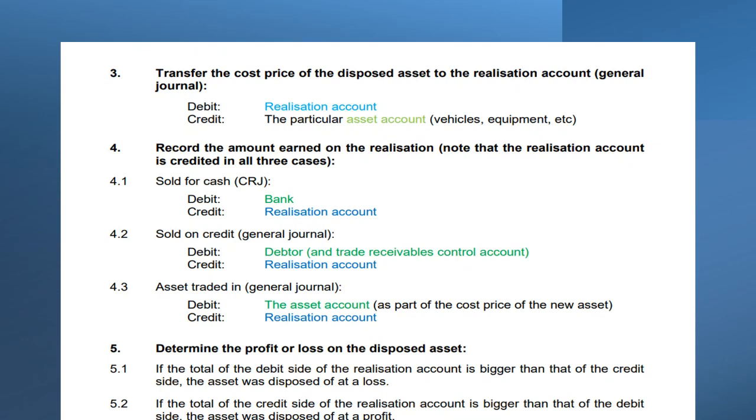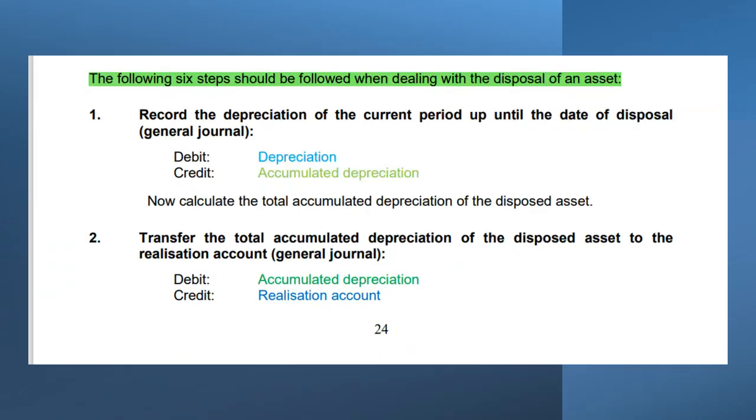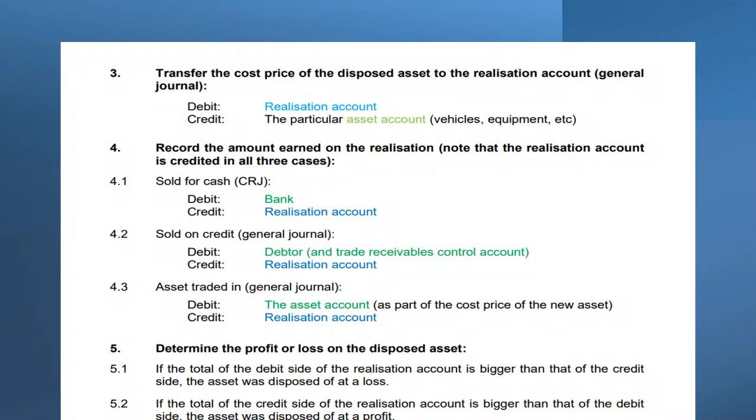Then let's move to number 4. Already, from number 2, we have eliminated the total accumulated depreciation. On number 3, we have removed the cost. Now on number 4, they are saying record the amount earned on the realization.